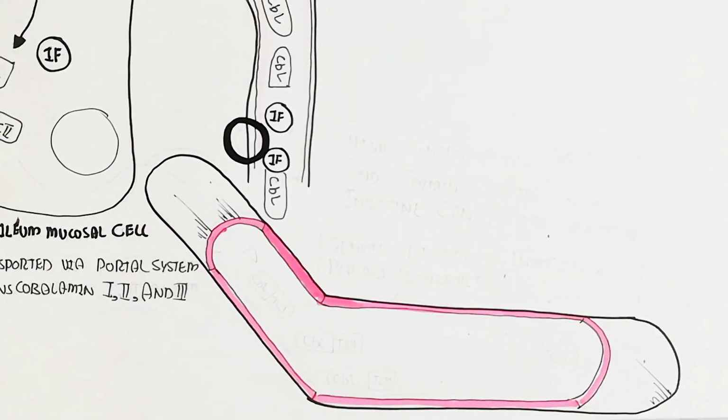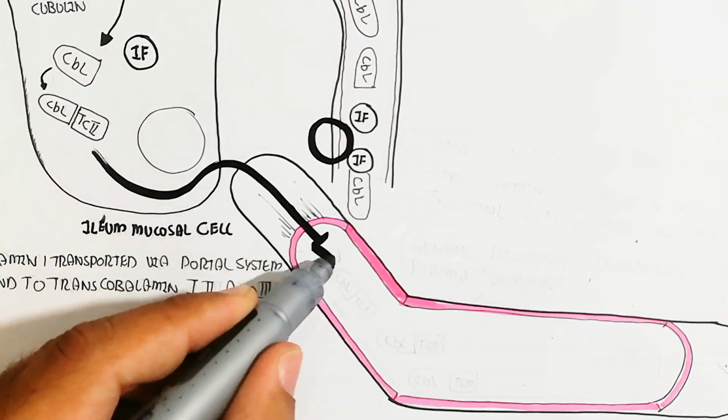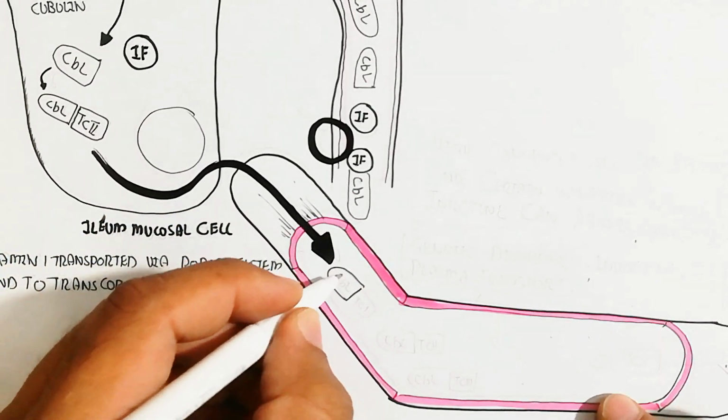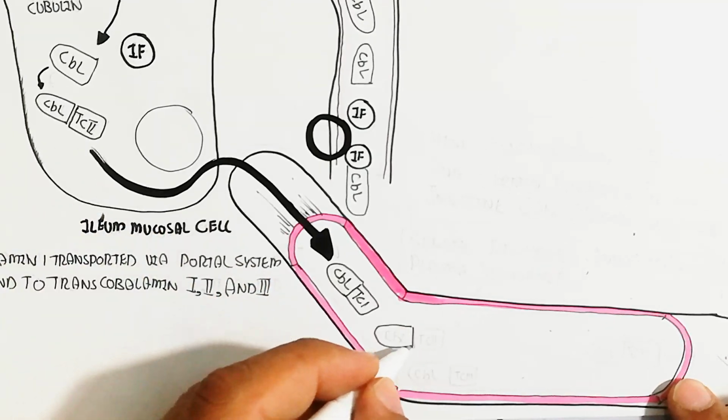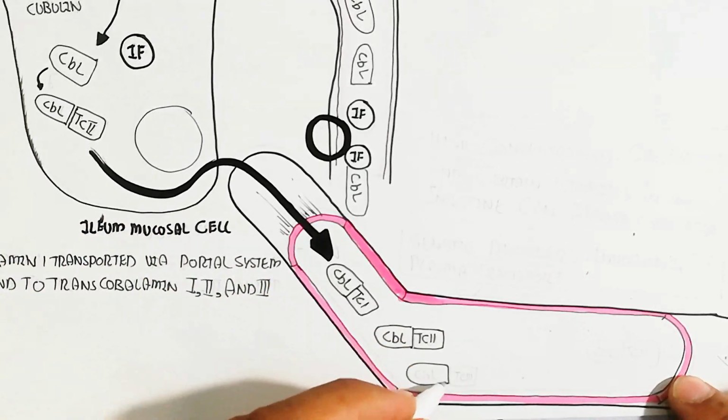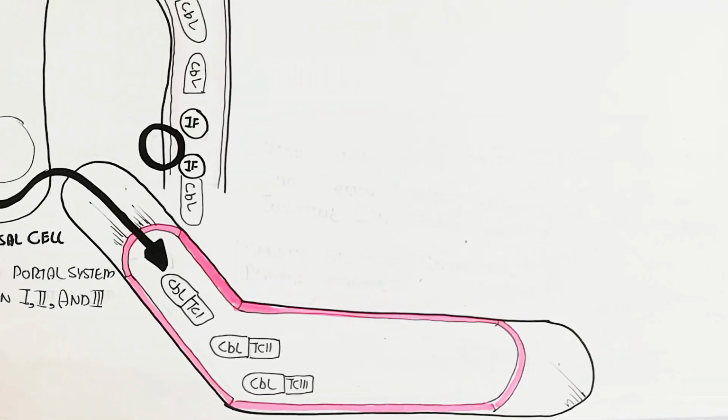After this we absorb it, and the cobalamin TC1, 2, 3 binding complex formation will occur, which is ready to transport into the tissue.